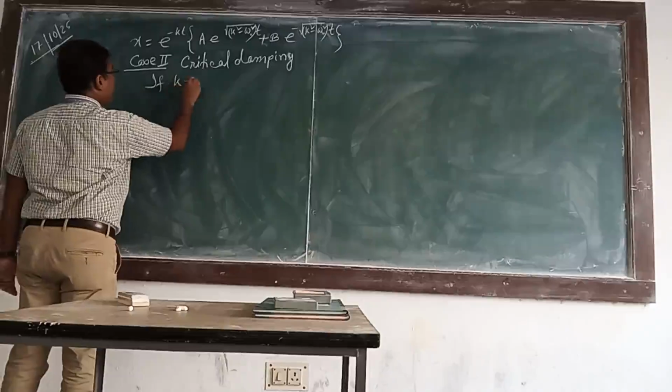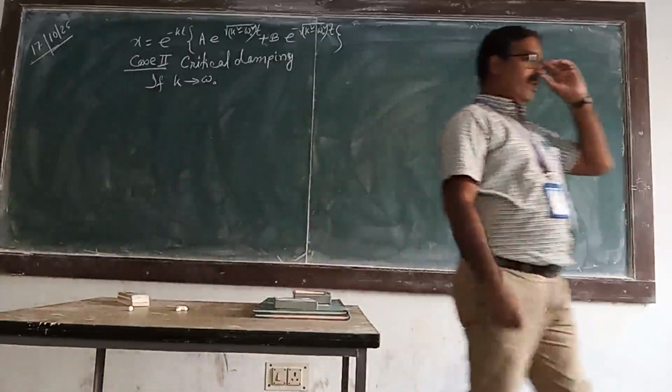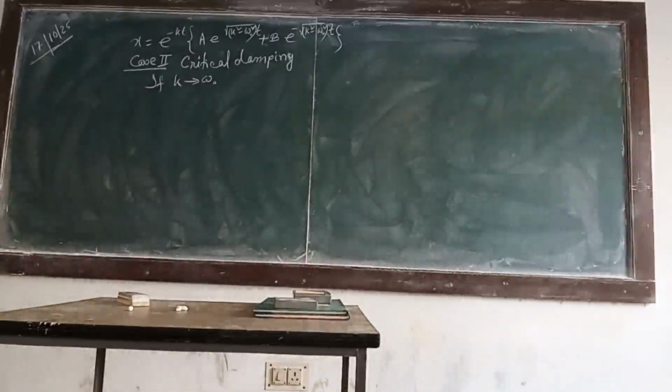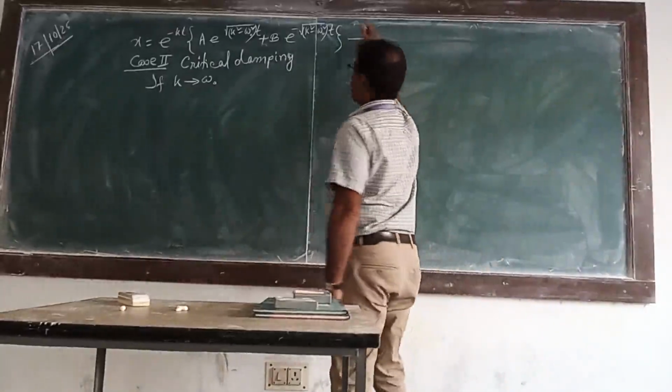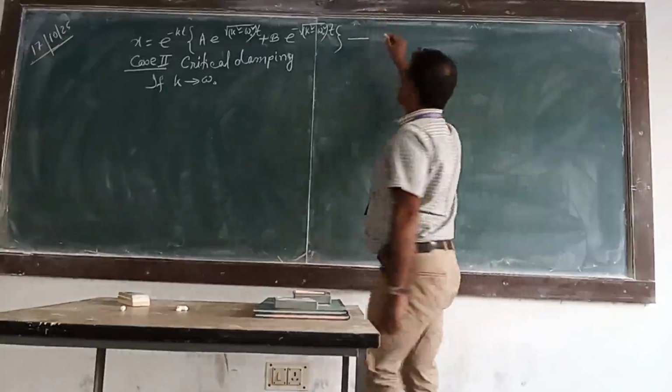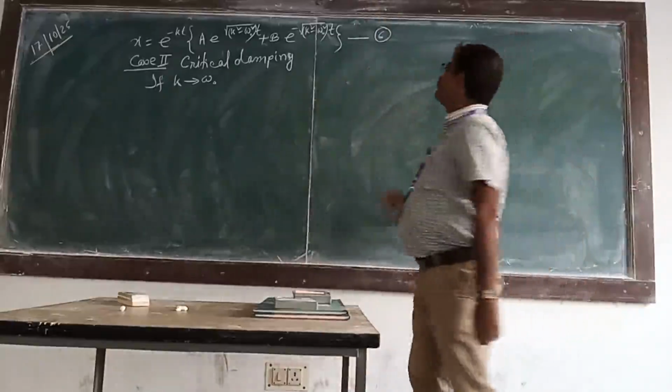If k tends to omega naught. The equation of equation 5, right? What is the equation? 6. 5, after the 6.